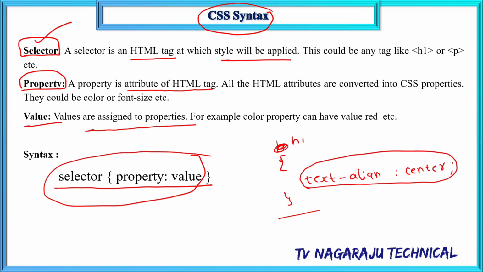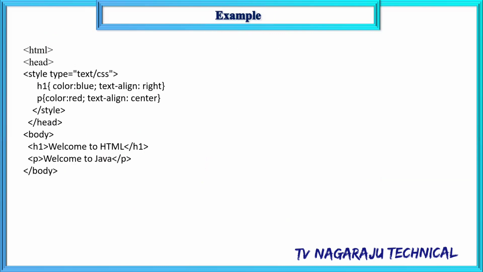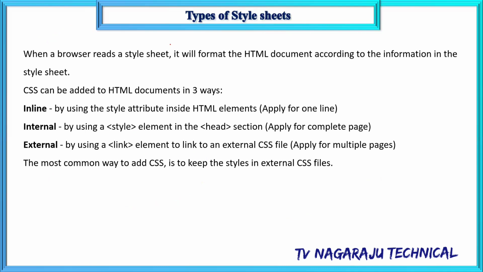Now, before applying this, you need to understand the different ways that we apply these syntaxes, that is, the types of styles. We have three types of style sheets. First one is inline, second internal, third external.